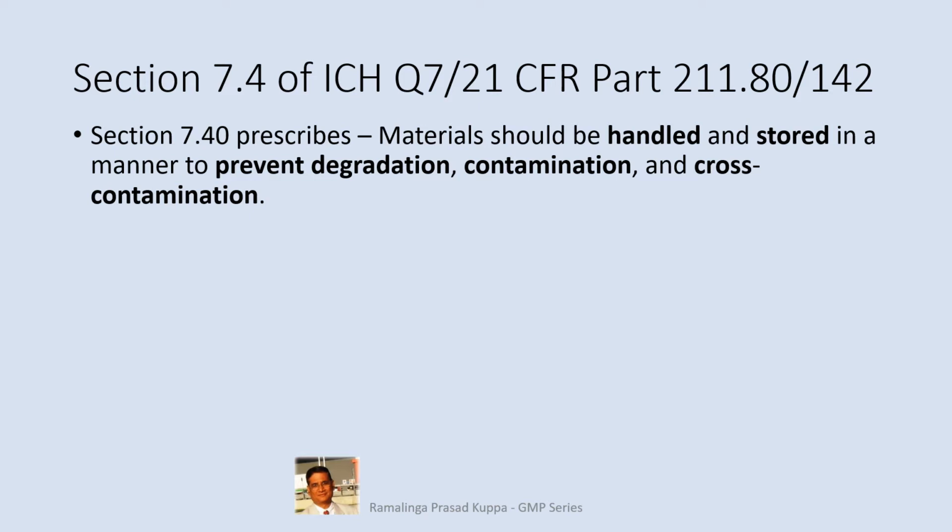Some materials may be light sensitive. So it is important to understand that the materials have to be stored at appropriate conditions as required. The intent of such conditions is to avoid degradation of the materials.